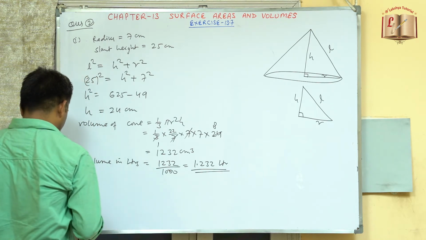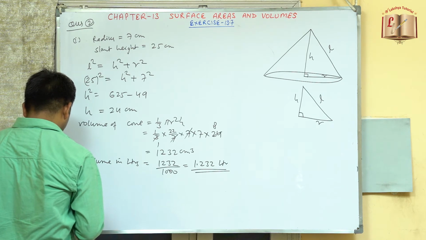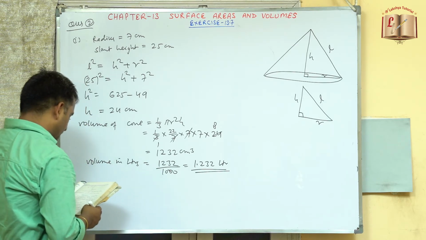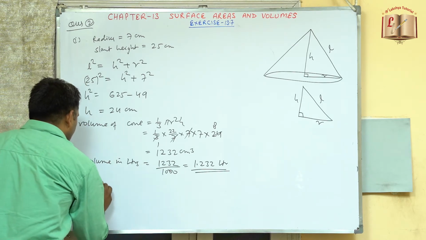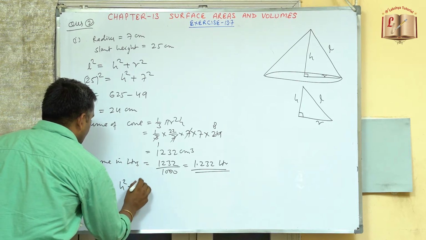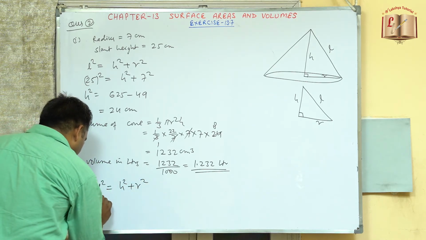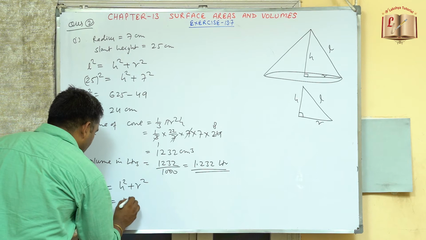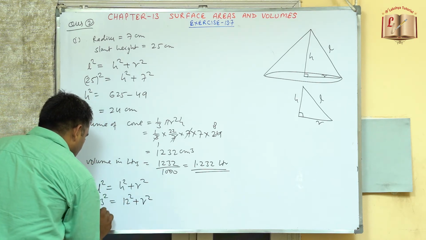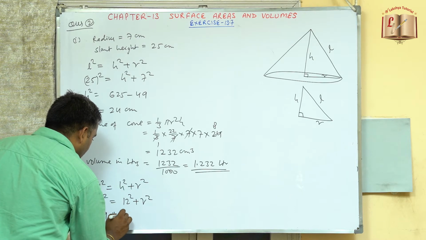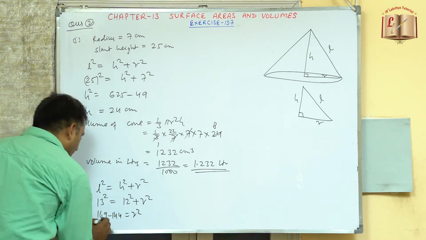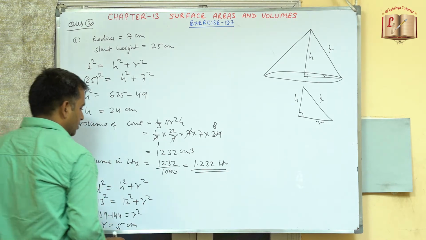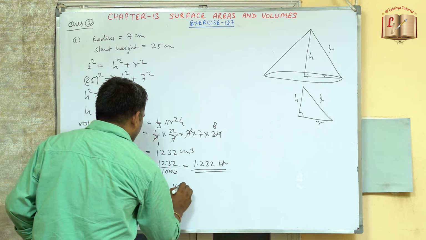So similarly, coming to the second part. In the second part, again we need to first find out the radius. Here also L square will be equal to H square plus R square. L, the slant height, is already given. So now 13 square will be equal to H square, where height is given as 12, square plus R square. So 169 minus 144 will be equal to R square, or simply R will be equal to 5 centimeter. So we got R as 5 centimeter. Now we can find out the volume.